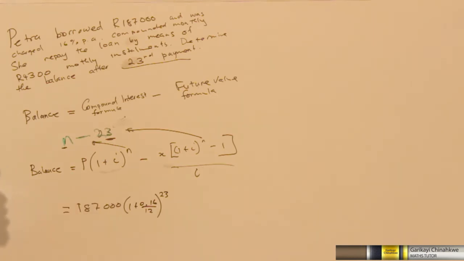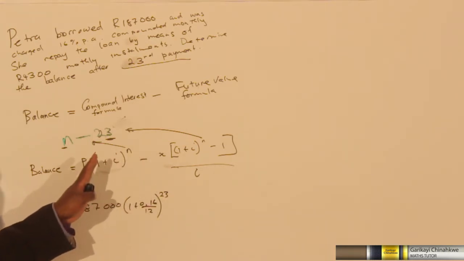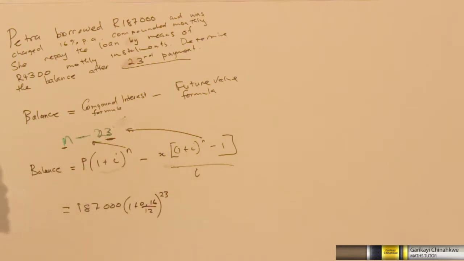You take the number of payments for N, for both the compound interest and the future value, up until when you are going to calculate your balance. You're going to calculate your balance on the 23rd payment. That's what they're asking you. So your N becomes 23.